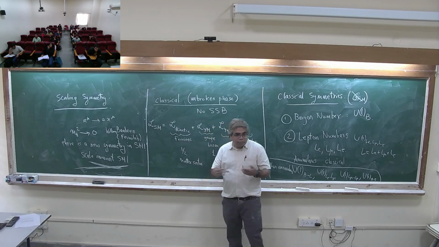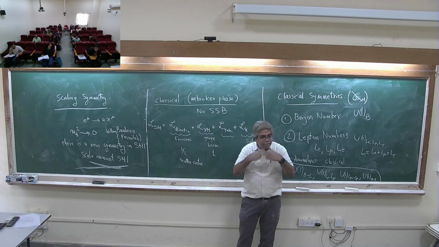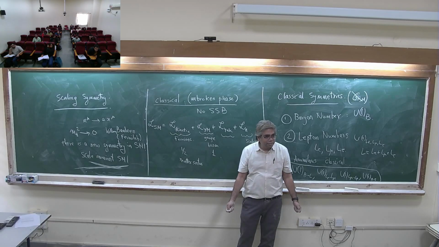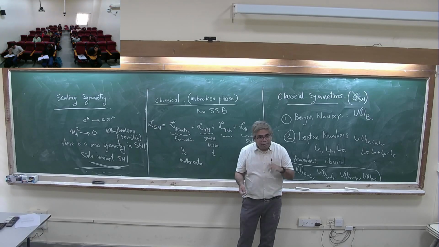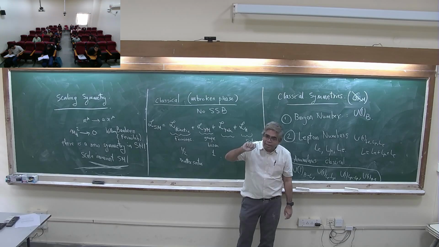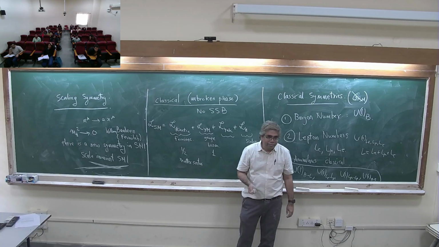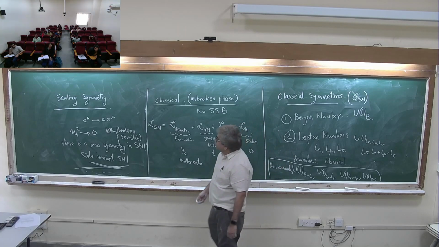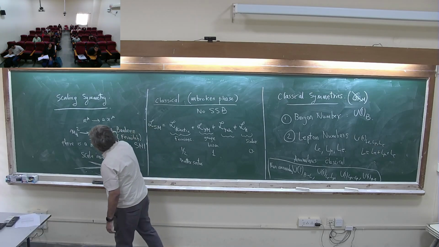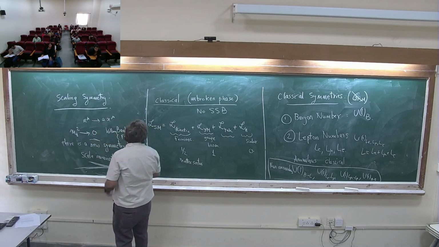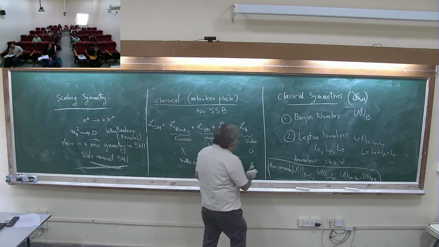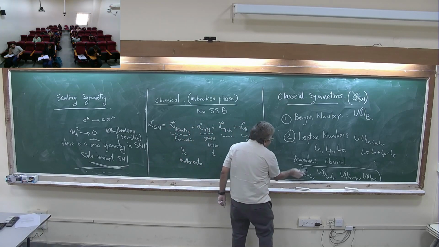If lambda phi to the fourth can generate the radiative correction to the Higgs mass and make it negative, for example, then you don't have to set the minus sign of the Higgs mass by hand. So that was his idea. This was in the 70s, and this was the beginning of the Coleman-Weinberg potential.